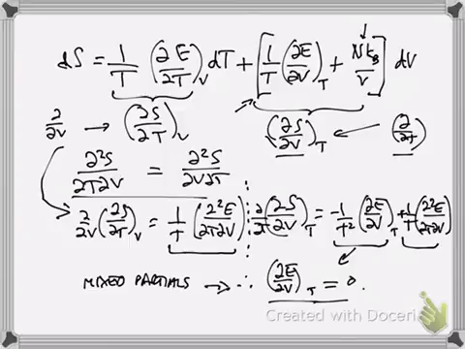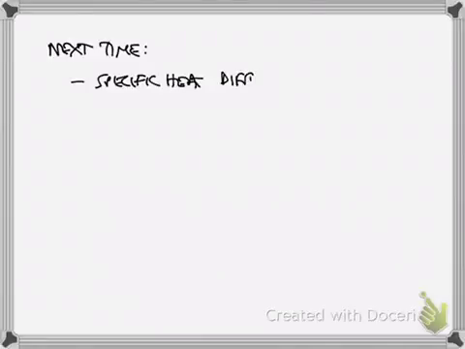All right, so I'm going to stop there. Next time, and boy, I hope I'm back in time to do this on Thursday the 14th. Otherwise, I'll be doing another one of these video lectures. Next time, we're going to talk about the specific heat difference, right?